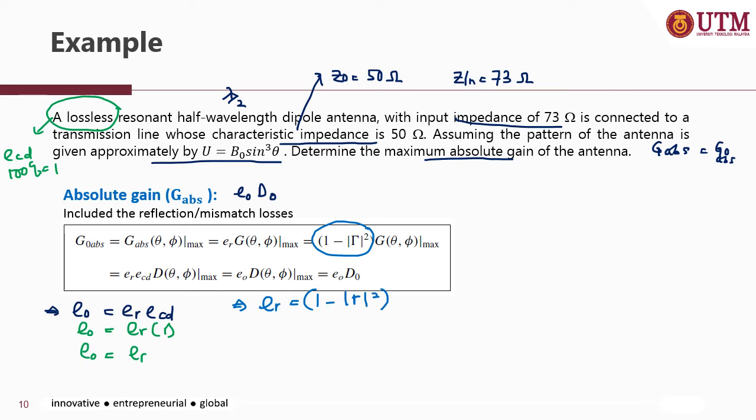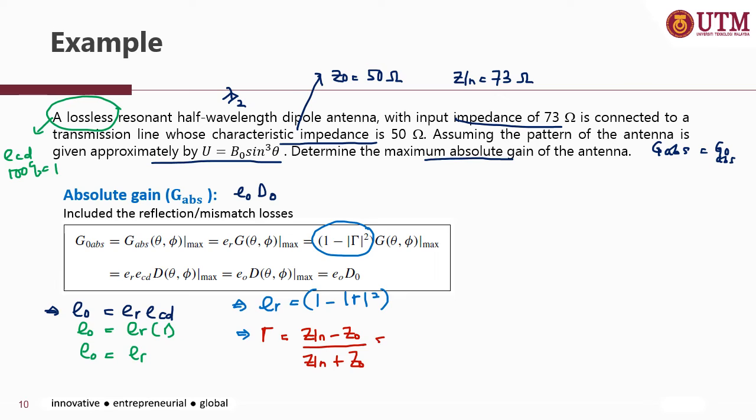For the gamma equation, the reflection coefficient equals Z in minus Z naught, the characteristic impedance, divided by Z in plus Z naught.